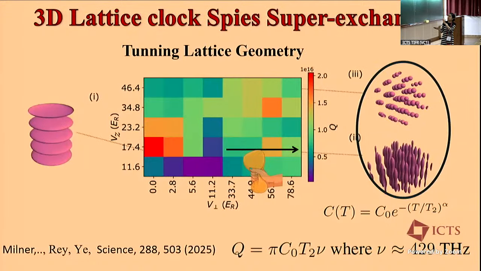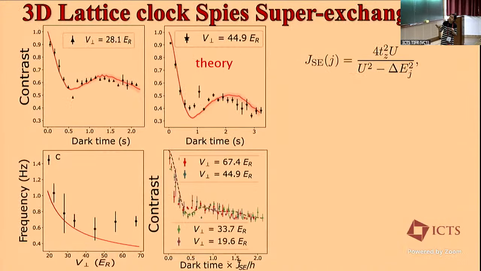And in fact, what we saw is that depending on the lattice depth, not only the ticking of the clock, but the contrast of the fringe that happens during the experiment is going to be reduced by the presence of these collisions.